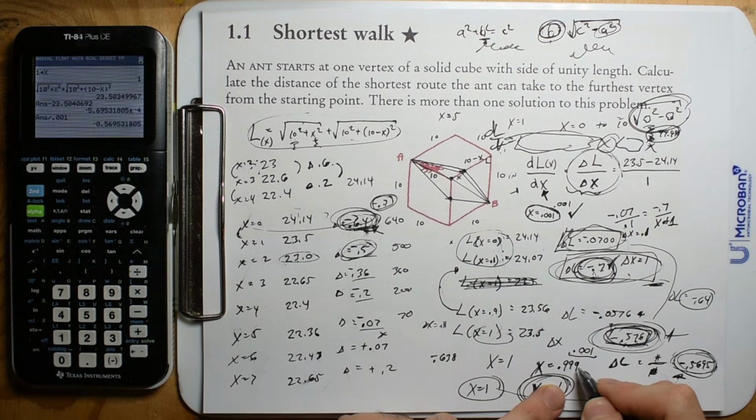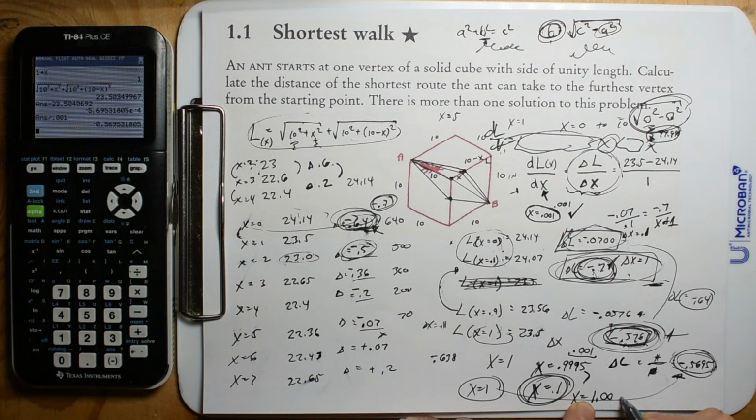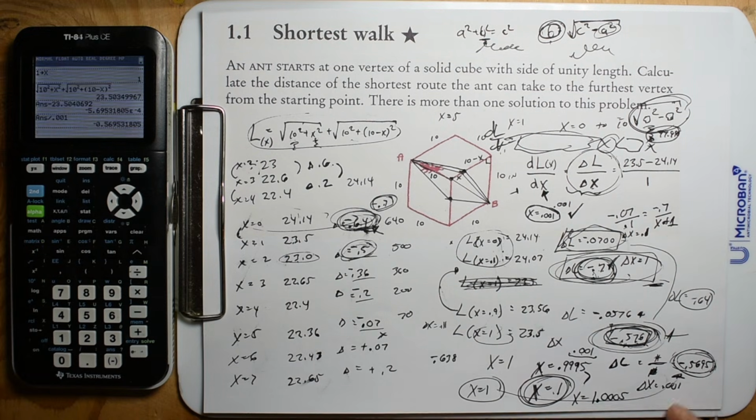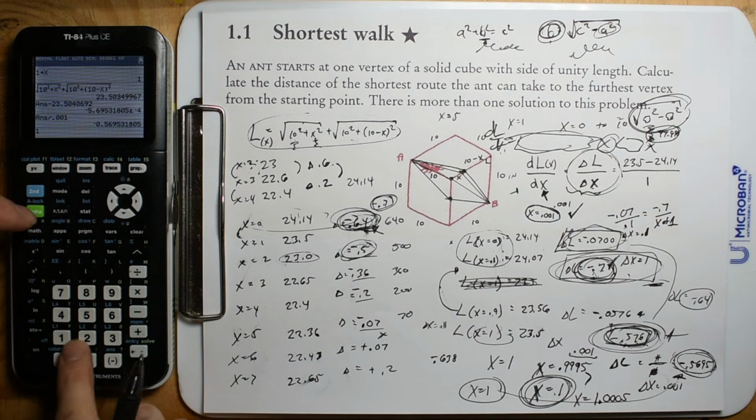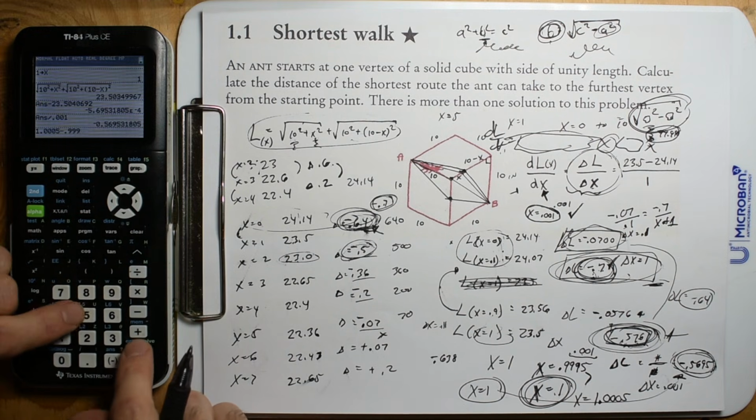You would take the length at 0.9995 and then take the length at x is equal to 1.0005. You still have the same change in x of 0.001, and let's confirm that. 1.0005 minus 0.9995.